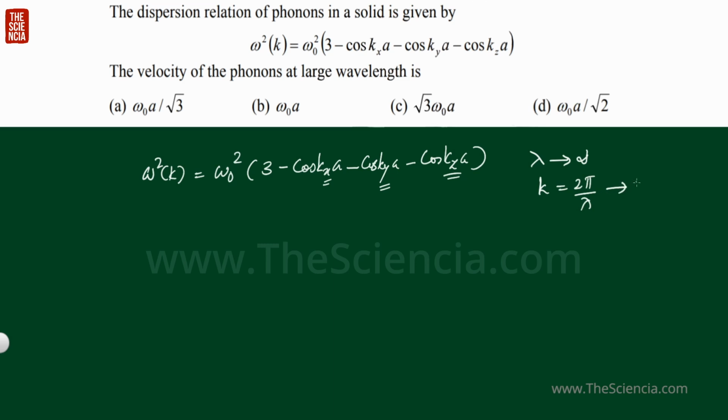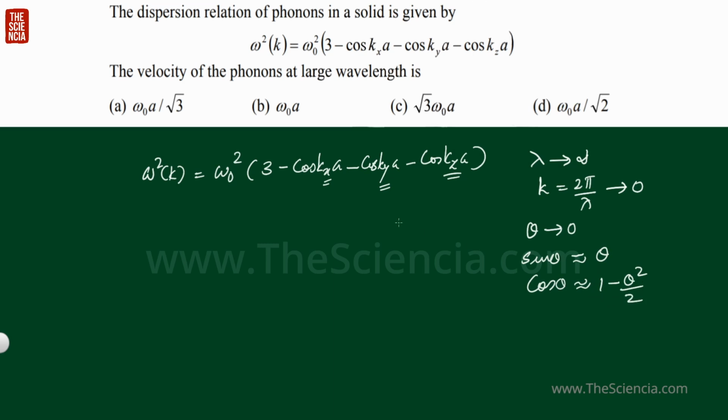K tends to 0. That is, cos of the angle, that is kxa or kya or kza, is tending to 0. We know when theta tends to 0, sin theta is approximately equal to theta, and cos theta will be approximately equal to 1 minus theta square by 2. So we know this idea.